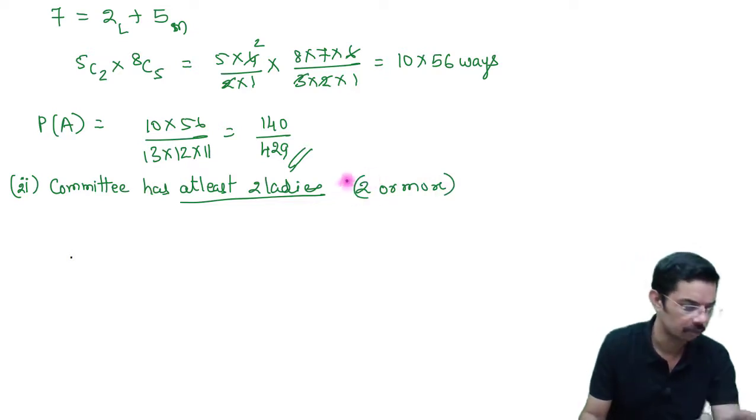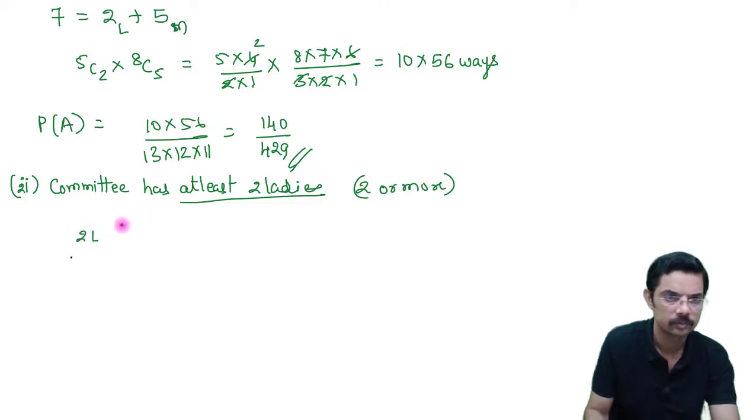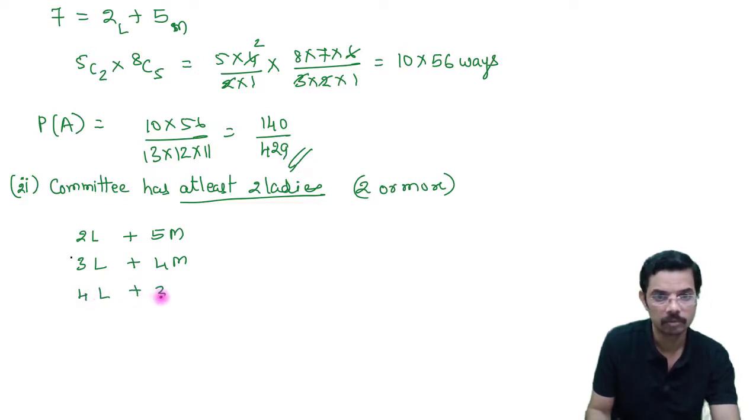So which are the different possibilities? The 7-member committee can be formed by having 2 ladies and 5 men, or 3 ladies and 4 men, or 4 ladies and 3 men, or 5 ladies and 2 men.